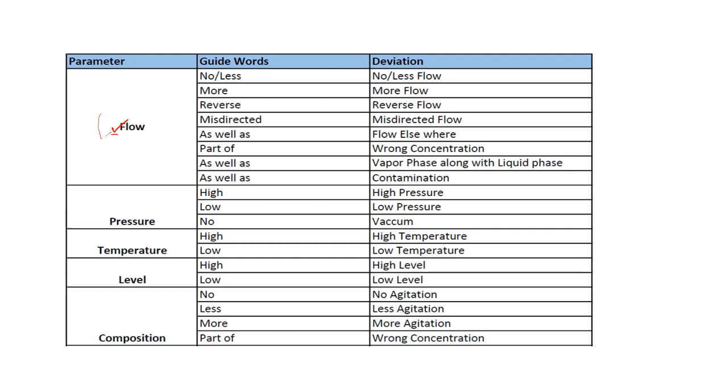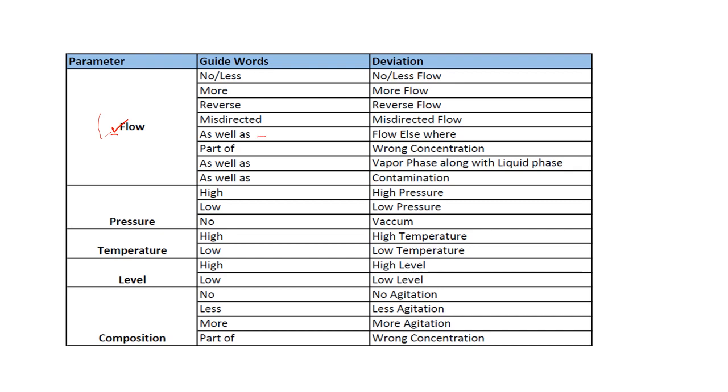So when you combine the parameter with the guide word, it becomes low or less flow. Again, another guide word is more. So when you combine more with the parameter, it becomes more flow. Similarly, reverse flow, misdirected flow, as well as flow elsewhere.